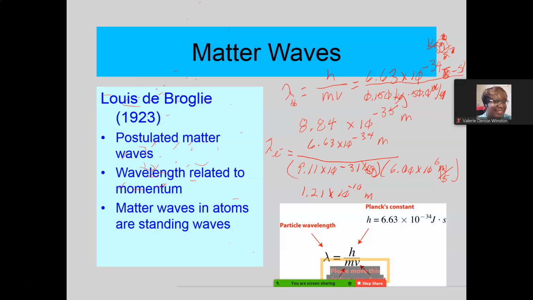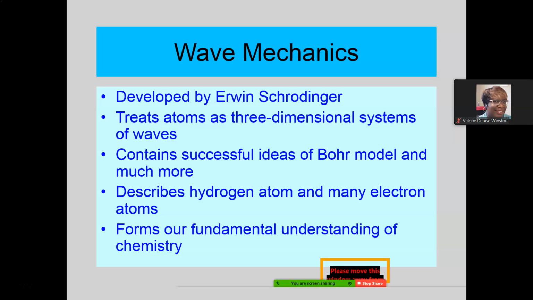So let's see how the book did. 1.21 times 10 to the minus 10th meter. Good for them. Okay. So that was de Broglie's matter waves. And that led to wave mechanics, which is what Edwin Schrödinger came up with.